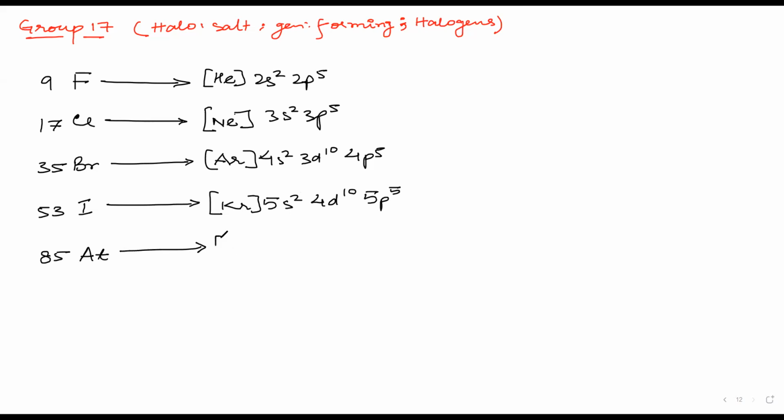Now in astatine we will have xenon, 6s2, 4f14, and 5d10, 6p5. Okay, this astatine is radioactive.